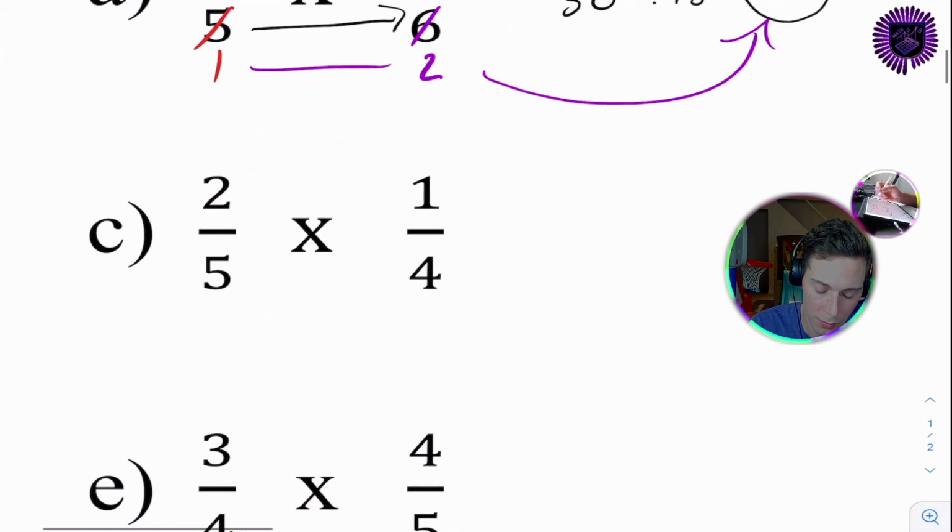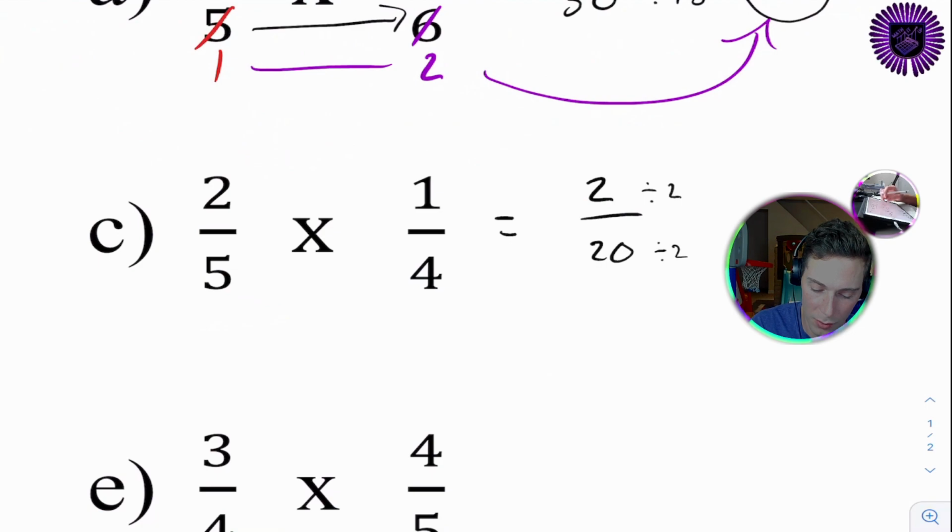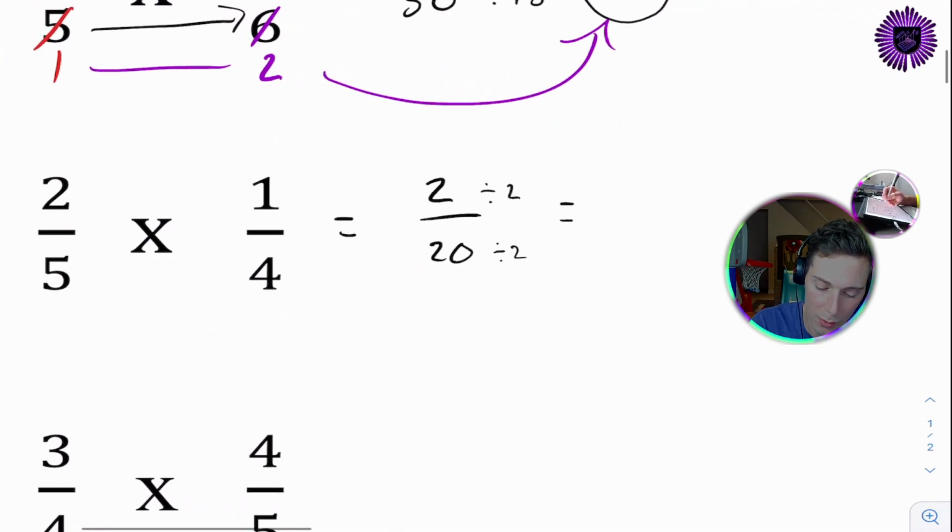Let's go to, again, we'll show our work. 2 times 1 and 5 times 4. So our answer will be 2/20. You can divide by 2 and divide by 2, and this is going to be equal to 1/10.